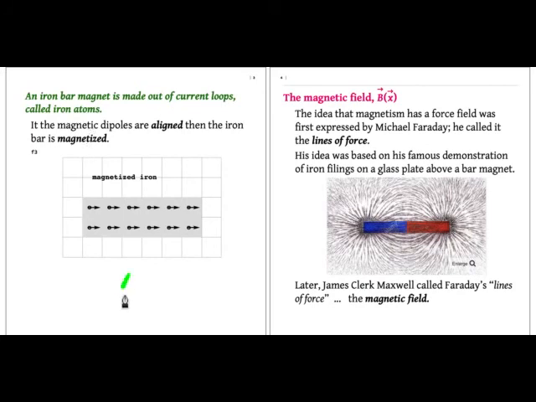So each atom has an effective current loop and an effective dipole moment, where by the right-hand rule, one side is the north pole side and one part is the south pole side. There aren't really any poles, there's just the current. But by the right-hand rule, you can associate the direction of the current with a polarity.